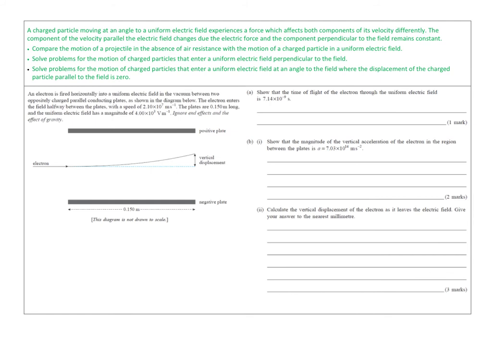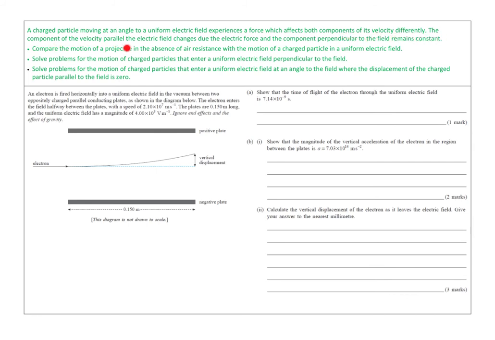So, what do we need to be able to do? What skills do we need to be able to show to be successful here? A charged particle moving at an angle to a uniform electric field experiences a force which affects both components of its velocity differently.